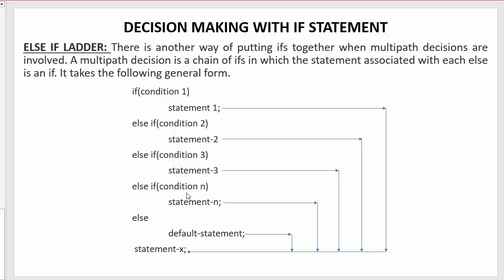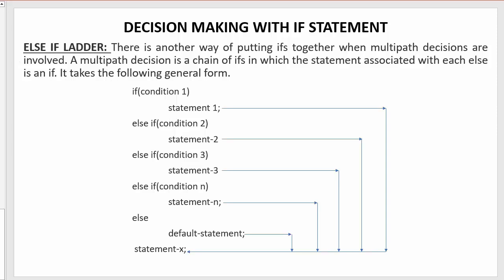If none of these conditions get satisfied, then the control will come to else part, where there will be default statements present, and those default statements get executed followed by statement X. Like this, in this else if ladder, different if statements are chained together. Since it looks like a ladder, that's why it is called as else if ladder.